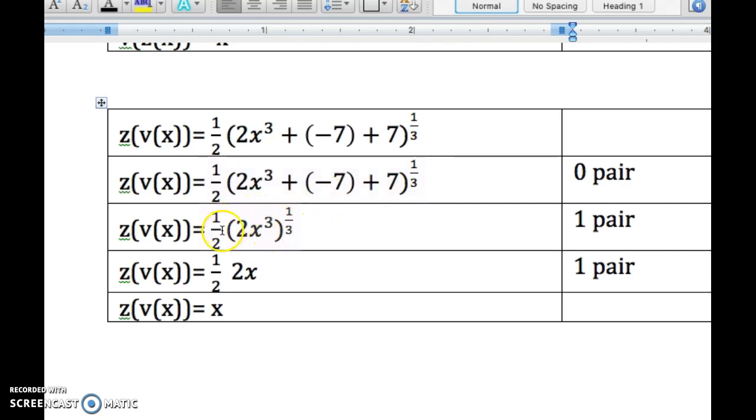Then I'm left with this expression, and I have the 3 times 2 raised to the 1/3 power, and that's a 1 pair. So that I am left with this. And again, I have another 1 pair and I'm left with x. And I think that tells me, yes, this is the inverse function.